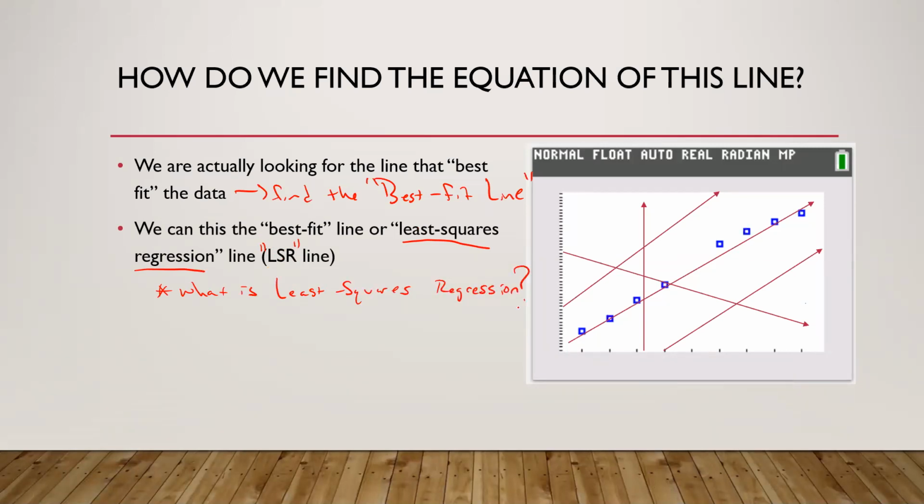Here's a basic concept. Here are all our data values. Do you notice how they don't follow a perfect straight line? There's literally no way I can draw a straight line through all of these.